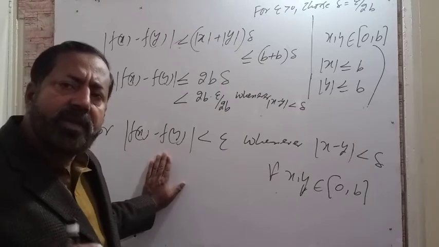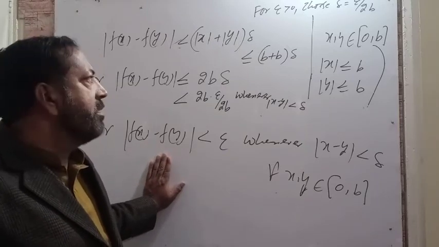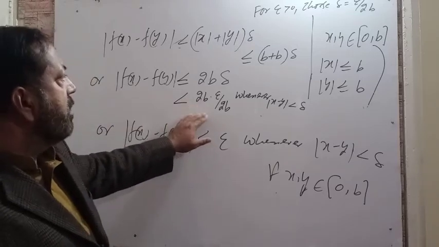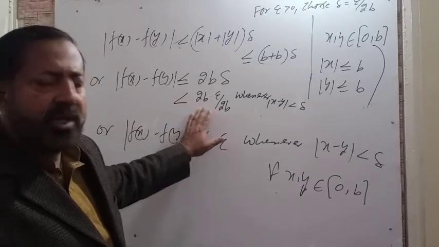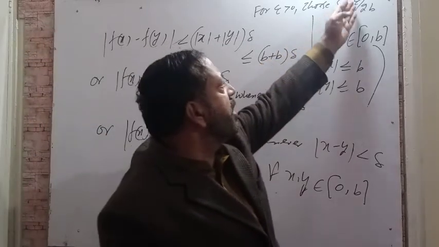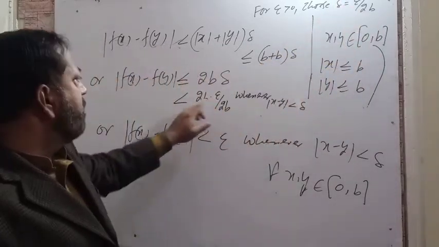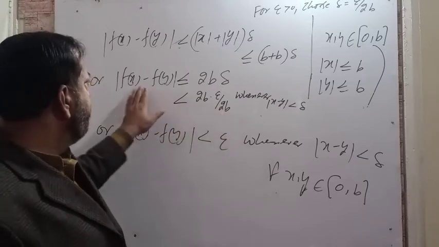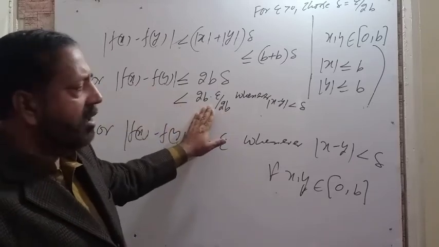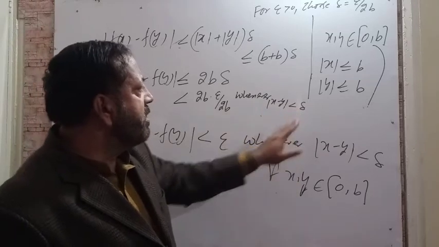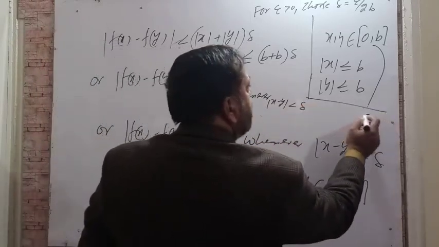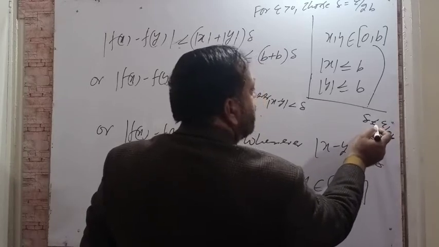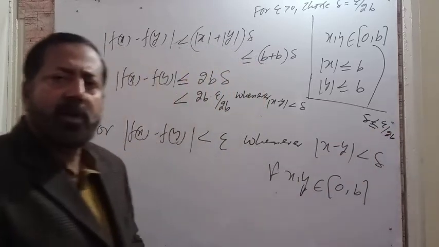So we have decided delta, and after finding this, it is easy to see that if you choose delta equal to epsilon by 2b, then the 2b is cancelled, and this must be less than epsilon whenever |x − y| is less than delta. Here delta is equal to epsilon by 2b, or you can say delta is less or equal to epsilon by 2b, whatever you want to choose.